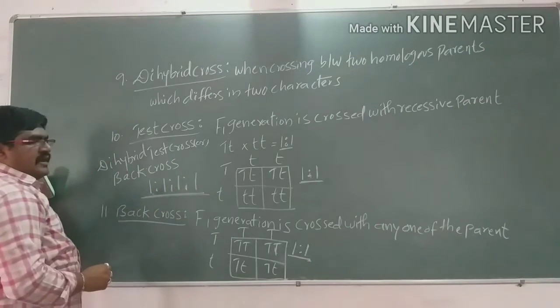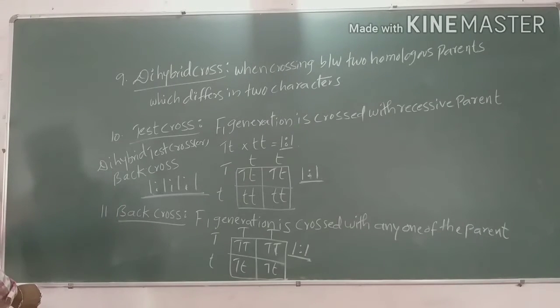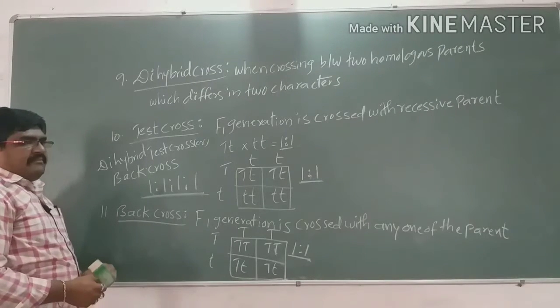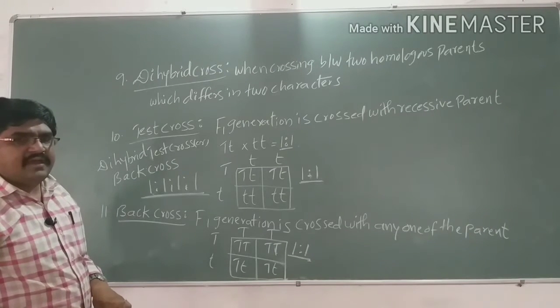So these are the definitions used in genetics. Now coming to the first one, that is the monohybrid cross.